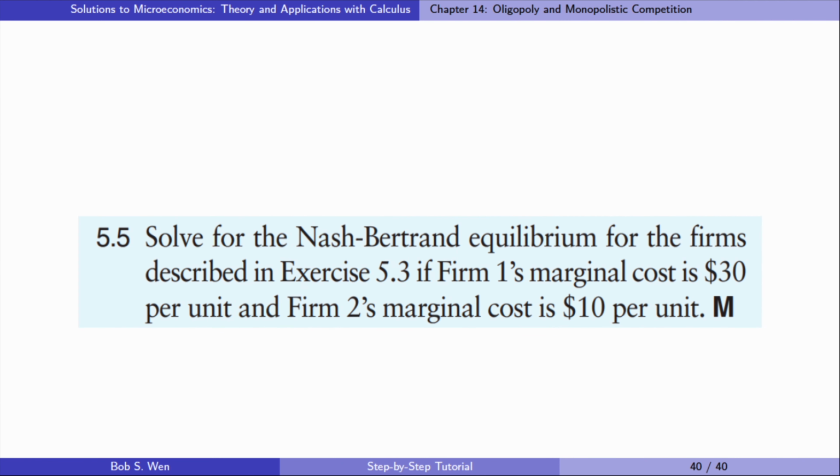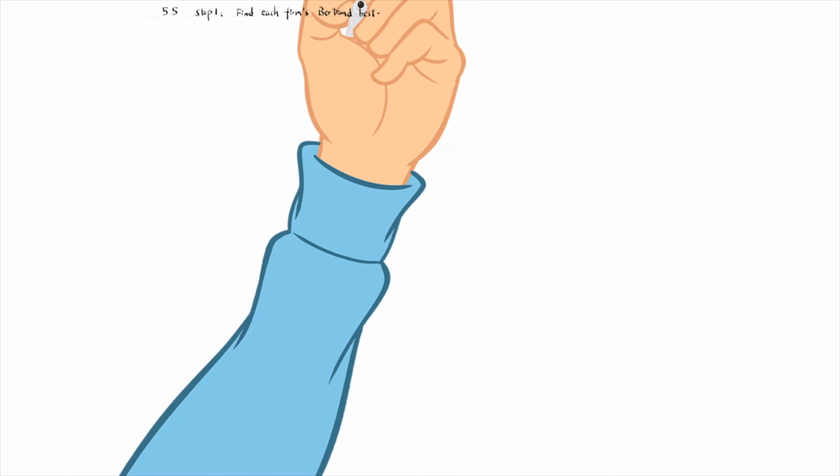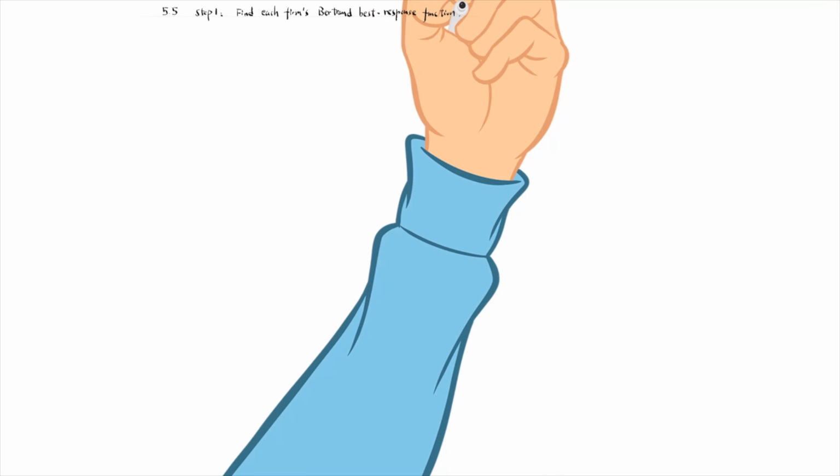Let's solve exercise 5.5. Solve for the Nash-Bertrand equilibrium for the firms described in exercise 5.3 if Firm 1's marginal cost is $30 per unit and Firm 2's marginal cost is $10 per unit. We use the same approach as in the last two exercises to find the Nash-Bertrand equilibrium.